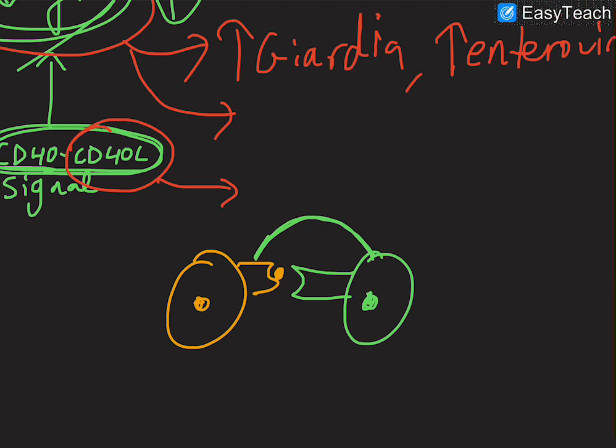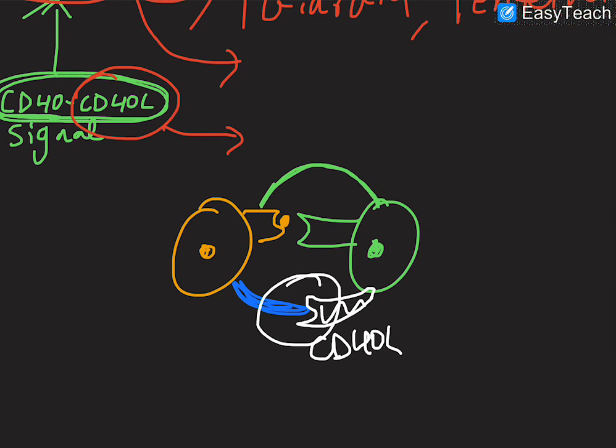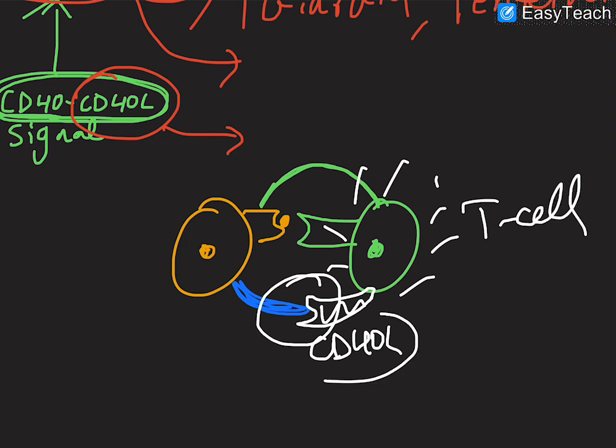And then we said you have your CD40 protein here, and then you have your CD40 ligand over here. Let's say this is the ligand, but you don't have the CD40 ligand in hyper-IgM syndrome. Normally, this interaction would lead to the activation of this T cell. But because you don't have the CD40 ligand, you can't have this co-stimulation, so no activation of your T cells.